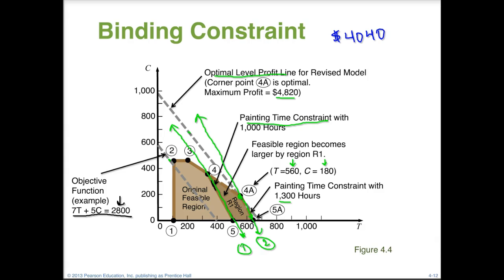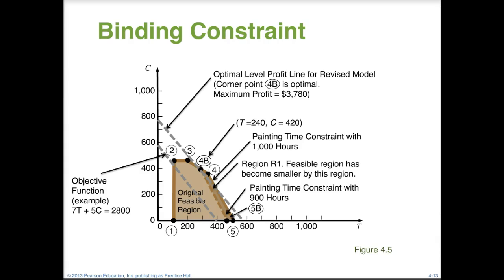It looks like almost $780 more profit. So if we change our right-hand side constraint and increase it, our feasibility region increases.